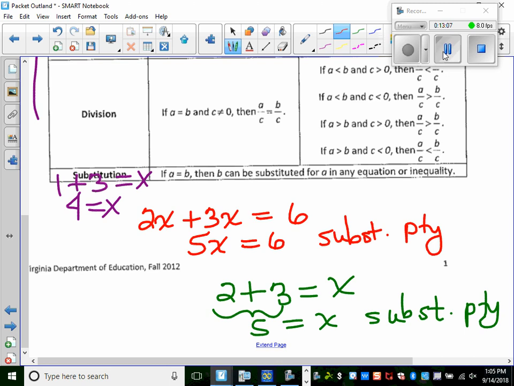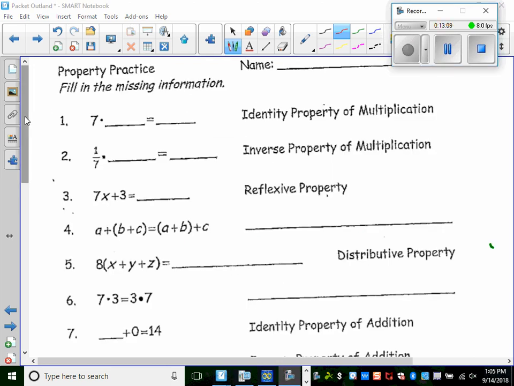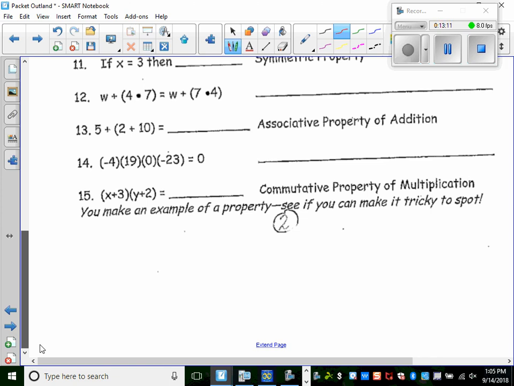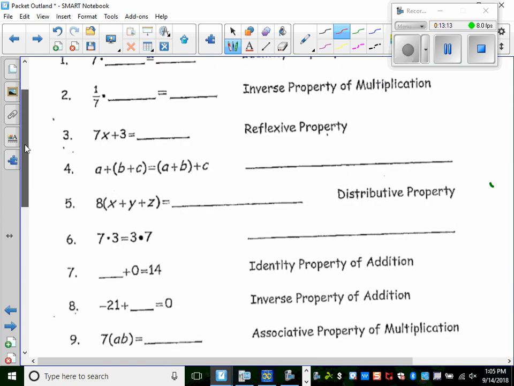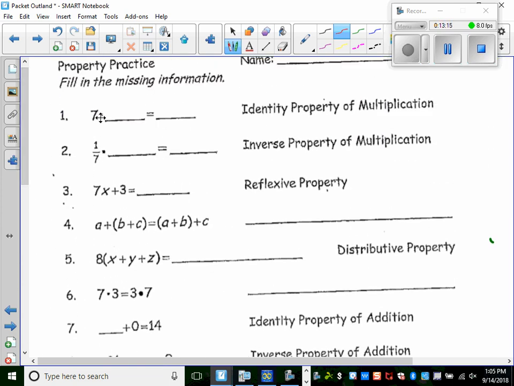Okay. All right, so on this page here, which is page 2, you're going to go through and identify what's missing. Some of them, they tell you the property. I'll do the first couple of ones with you. So this says 7 times something equals something, but you have to use the identity property of multiplication.